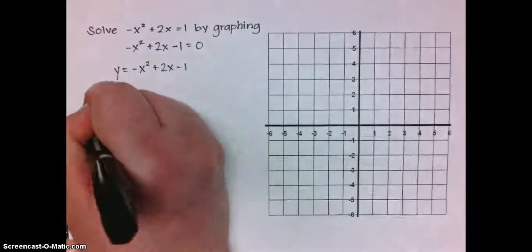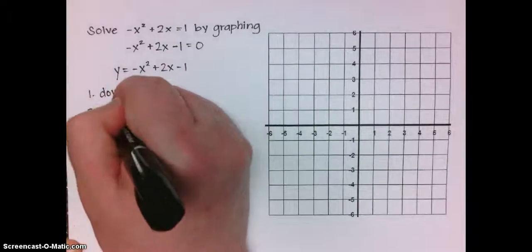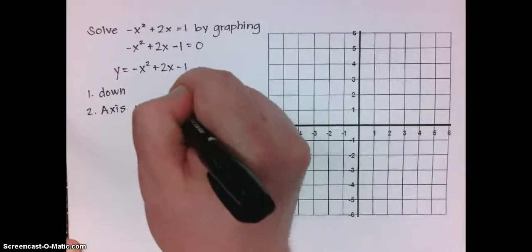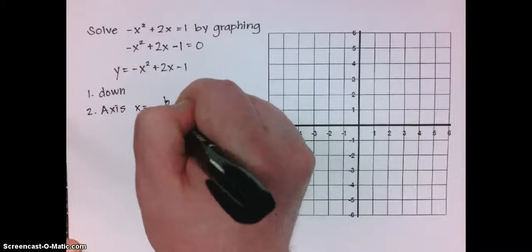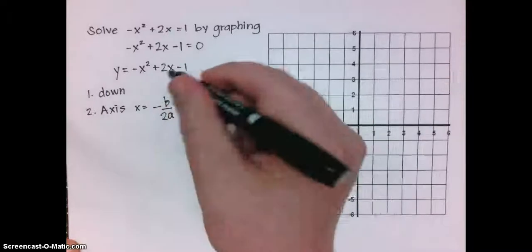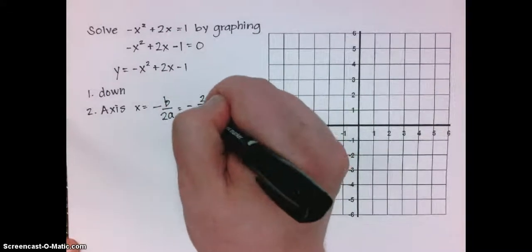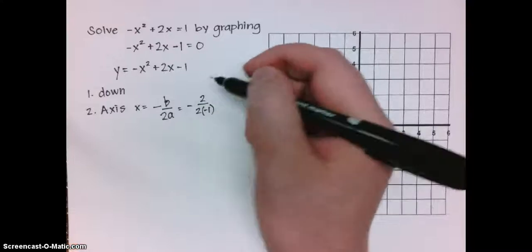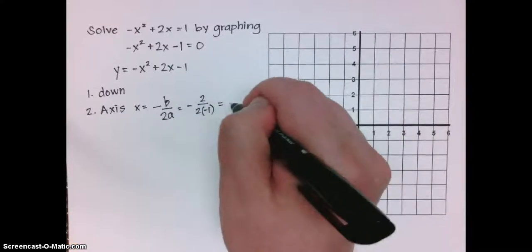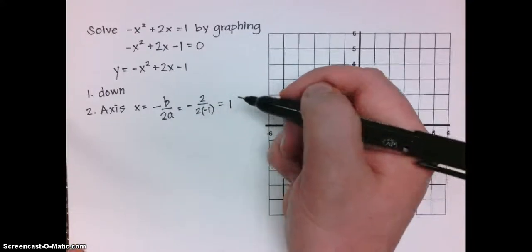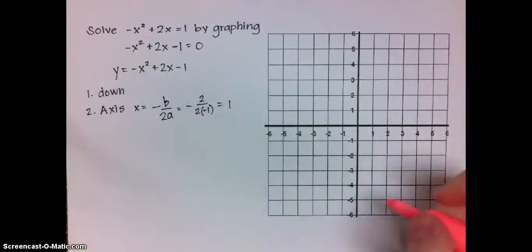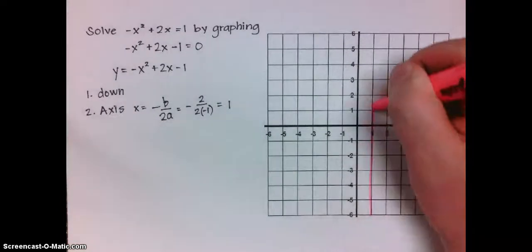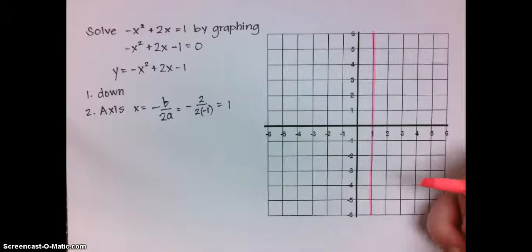Okay. Second thing that we're going to do is find the axis of symmetry. So again, x is equal to negative b divided by 2a. So it's negative. b is 2 divided by 2 times a is negative 1. So this is negative 2 divided by negative 2, which is positive 1. So at positive 1, I'm going to draw my axis of symmetry. Okay.